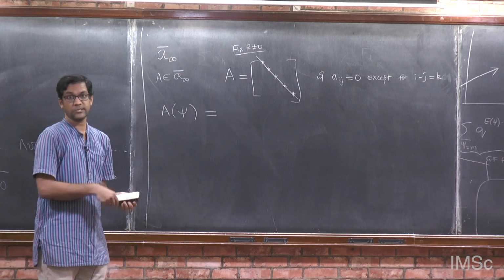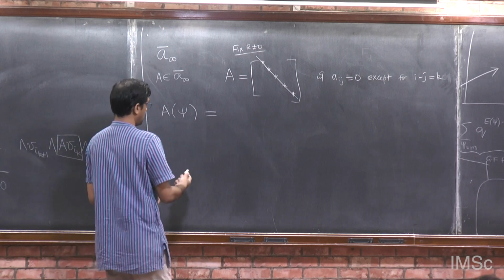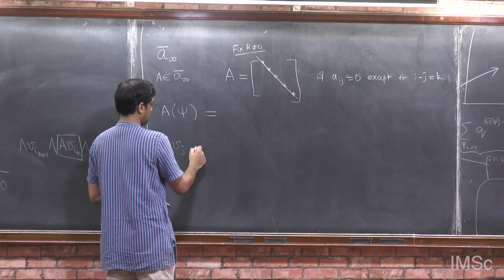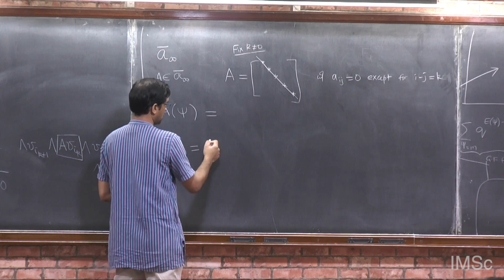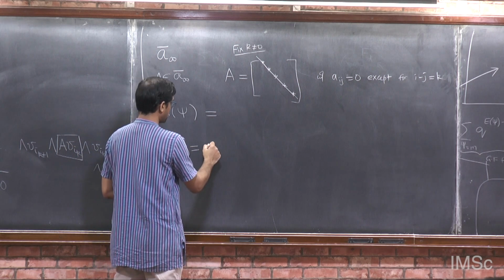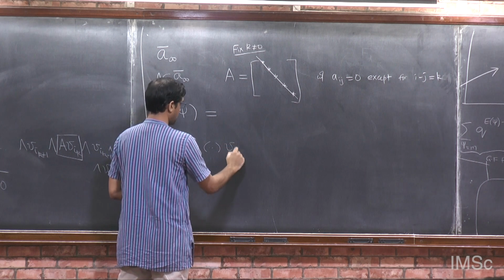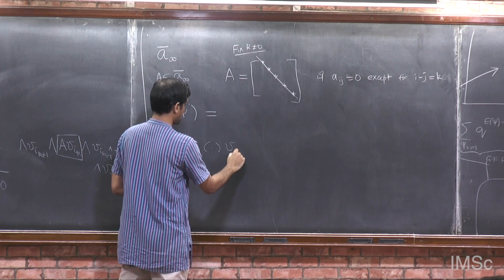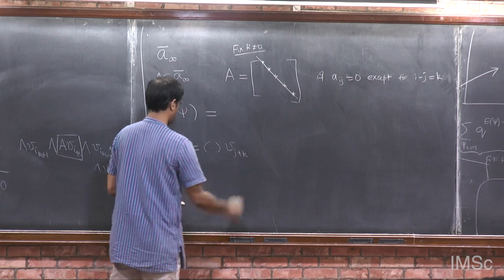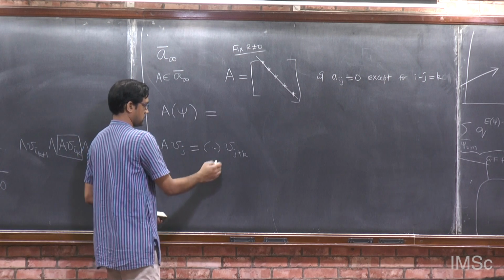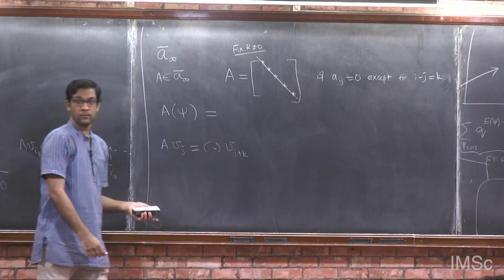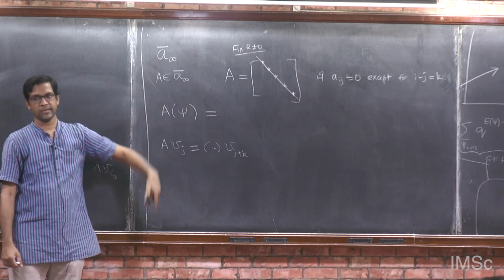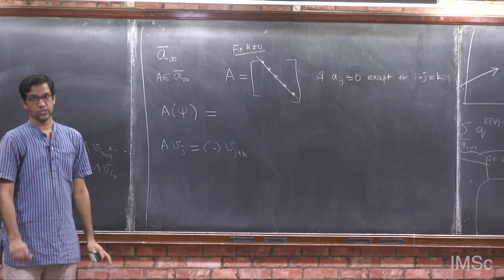Because it's supported on the kth diagonal, observe that A acting on any Vj will give me some scalar times Vj plus k. This is what A does. It takes each Vj and maps it to some Vj plus k. Fine, k is not 0.